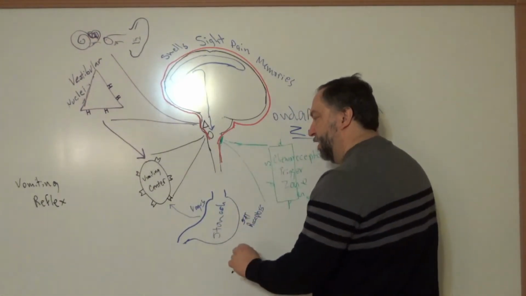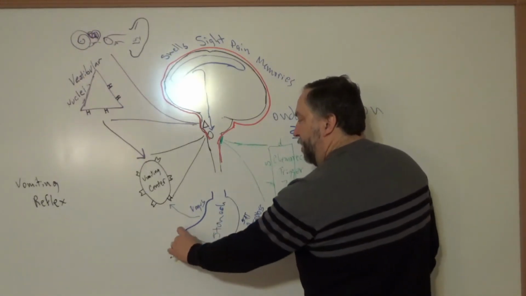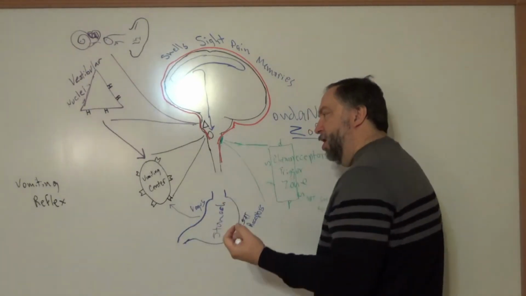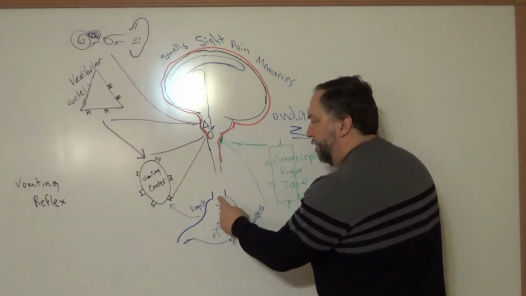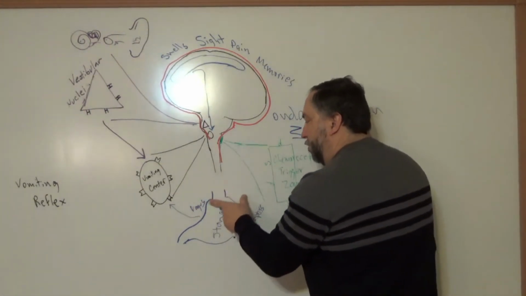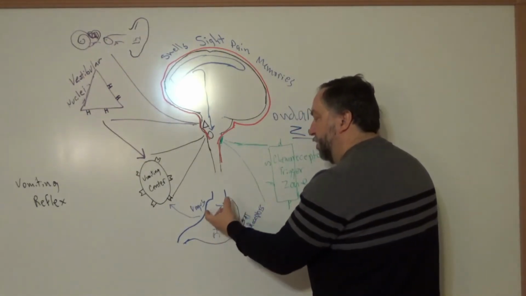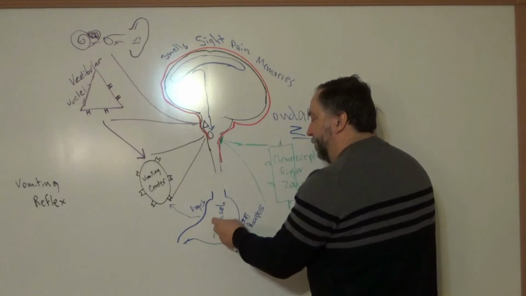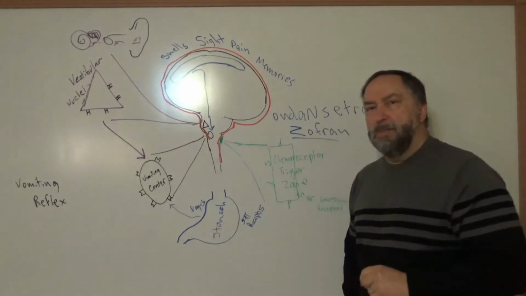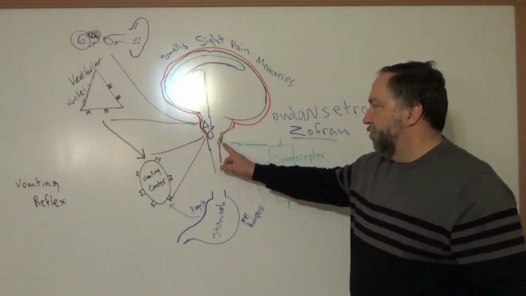It relaxes this. Remember when we vomited, the pyloric sphincter clamped down, and this guy relaxed? Well, dopamine clamps this down and opens this guy up and increases motility, so it can start pushing things through if you have something in there, and at least you can get a chance to reverse this mechanism.